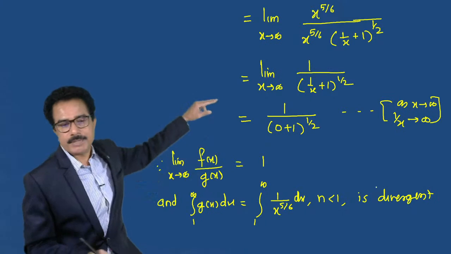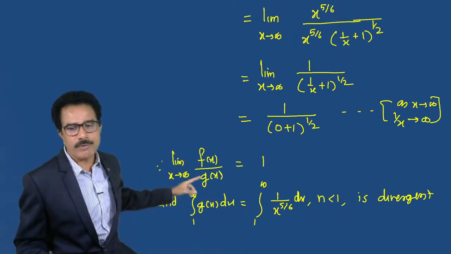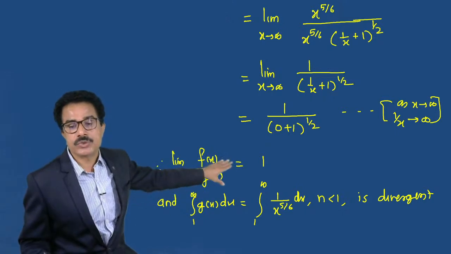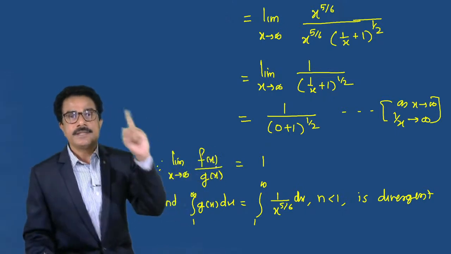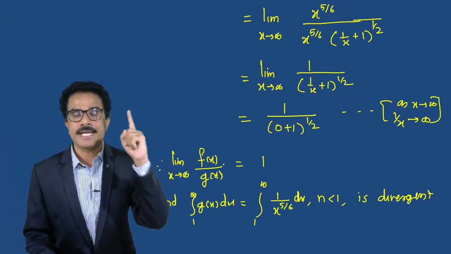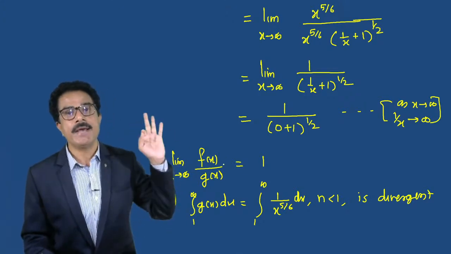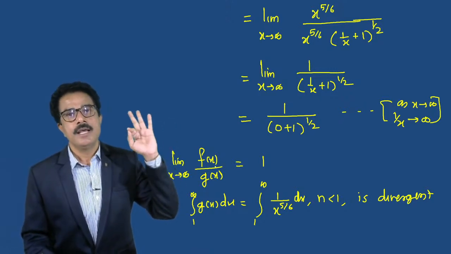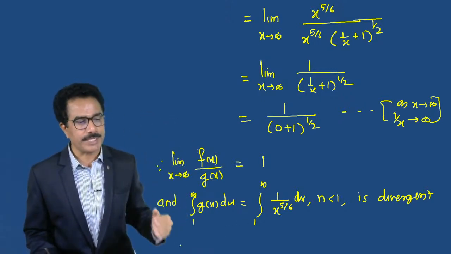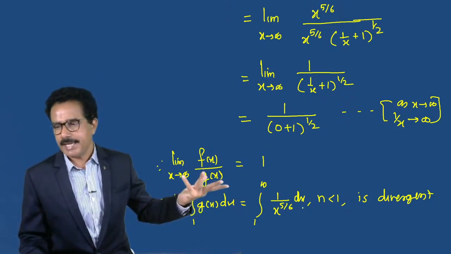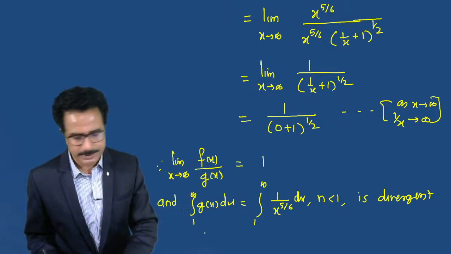And see what the rule says: when the value of the limit is 1, that is L is equal to 1, then by the comparison test second, f of x and g of x have the same behavior. That means if g of x is divergent, then f of x is also divergent.